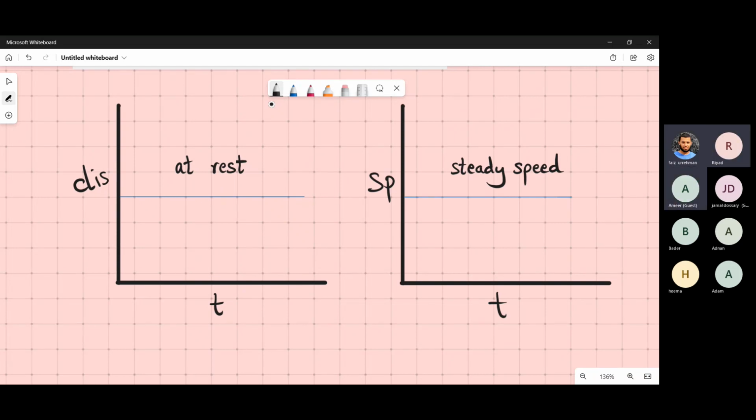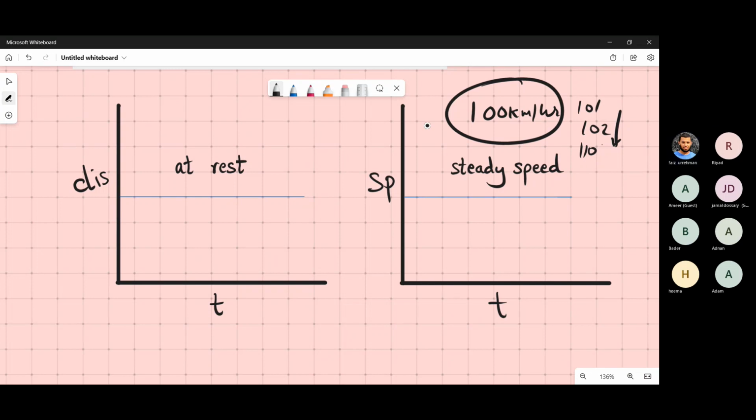Now, in your cruise mode, if you fix it to 100, will it go 101 and 102 and 110? Will it go like that? No. Will it go to increasing speed or steady speed? Steady speed. That is meaning constant speed.